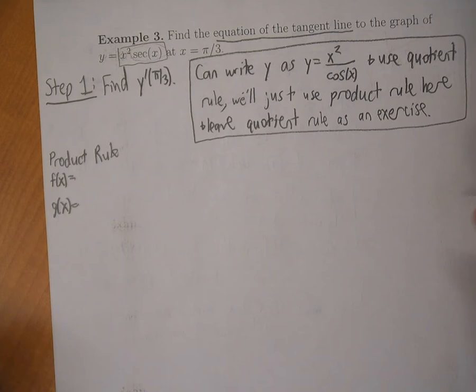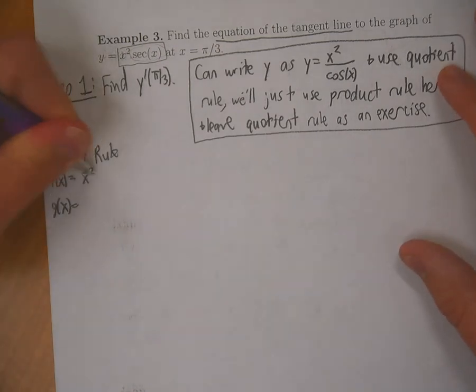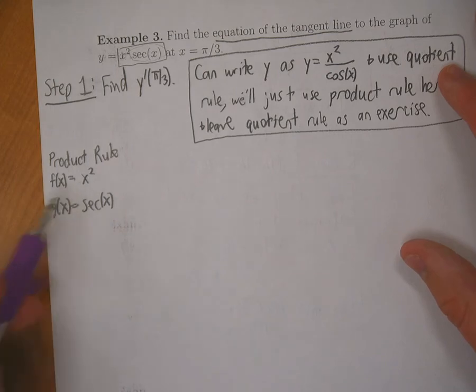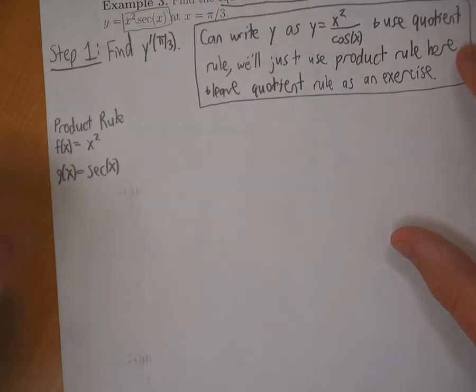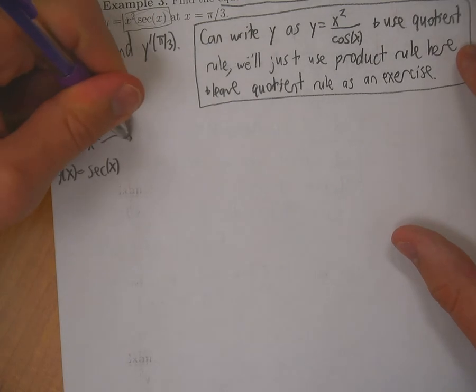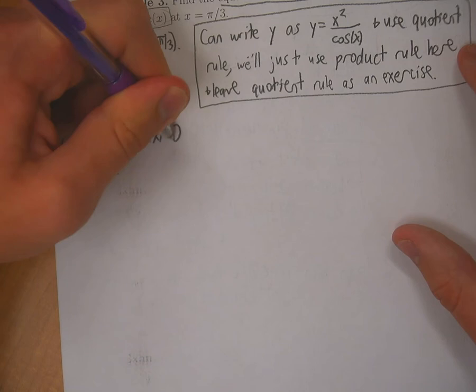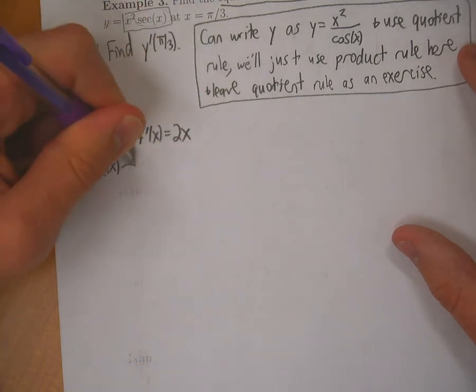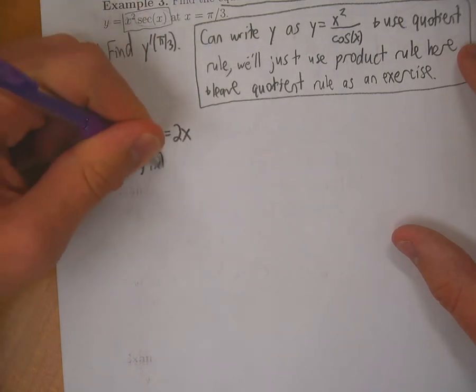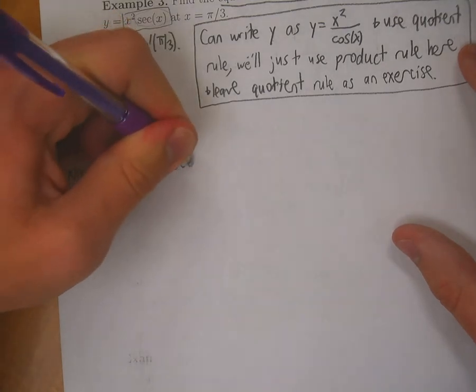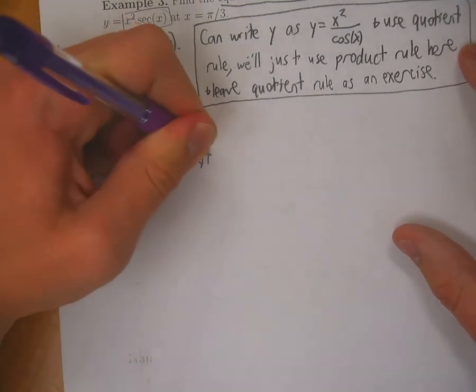Yep. Okay, so f is x squared and g is secant. Good. So f prime of x, well, that's just a quick application of power rule, while g prime of x, as we just established, is secant of x times tangent of x.